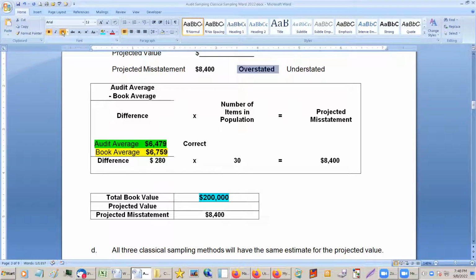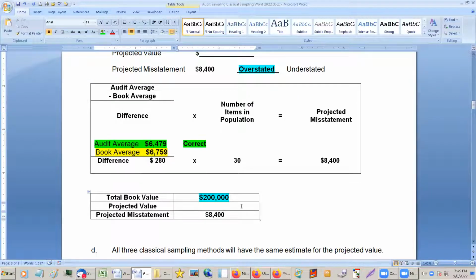Yeah, and you said it exactly right. They're overstating it. We assume that this audit average is correct. In auditing, it would be called more persuasive. But this is the one you assume is correct. So this is the one that's incorrect, and this will be the difference between those two.